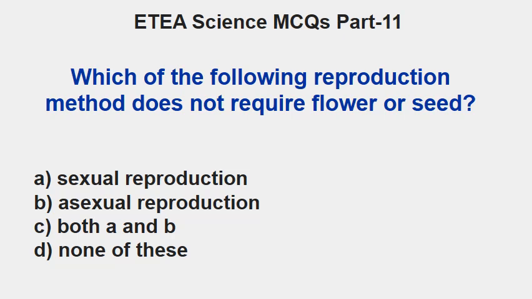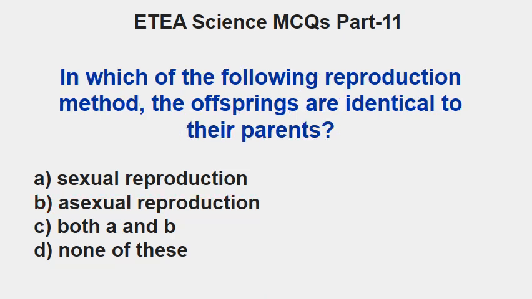Which of the following reproduction method does not require flower or seed? In which of the following reproduction method, the offsprings are identical to their parents?